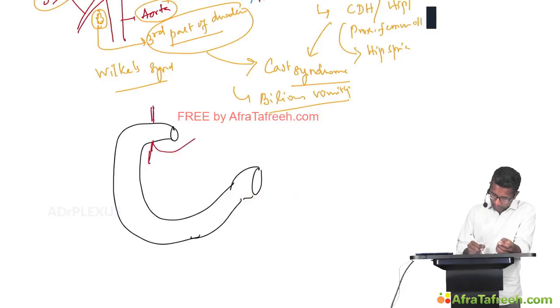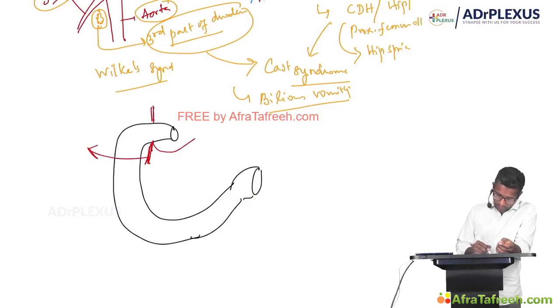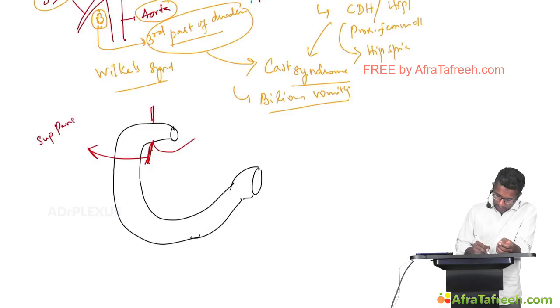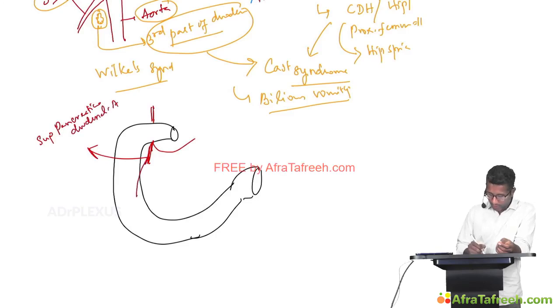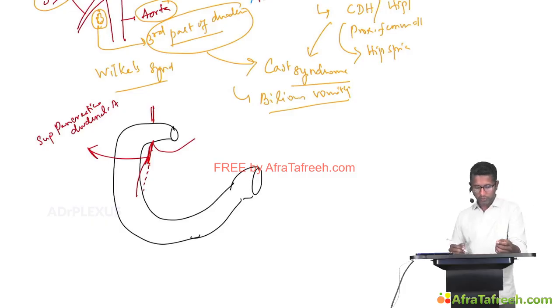This gastroduodenal artery splits into the right gastroepiploic artery and the superior pancreatico-duodenal artery, which divides into an anterior division and a posterior division.